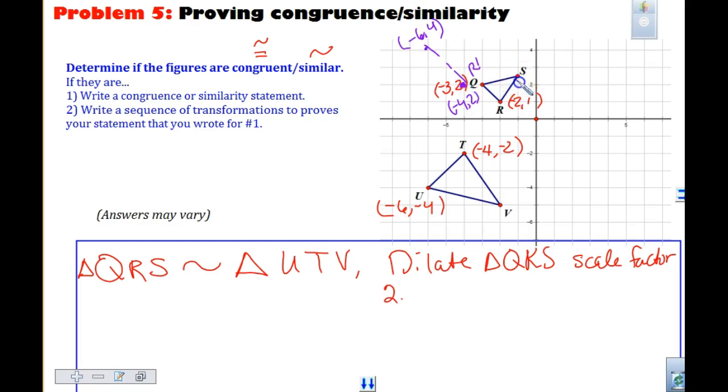So I don't even have to do S. By the way, S is how you get to graphing 1, 2 1/2, right? Some of you on the quiz yesterday thought you couldn't graph halves or decimals. You can. 2 1/2 is up halfway between 2 and 3. So after we've dilated this with the scale factor 2, then we are going to reflect over the x-axis. And it should be an exact match, okay?